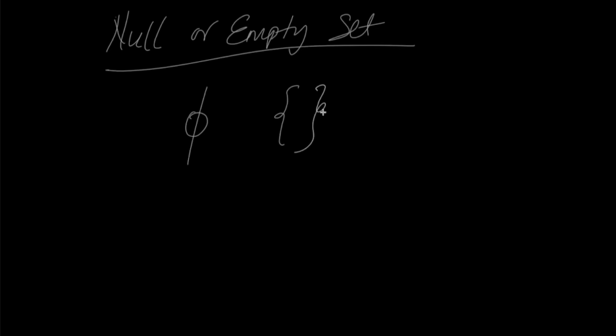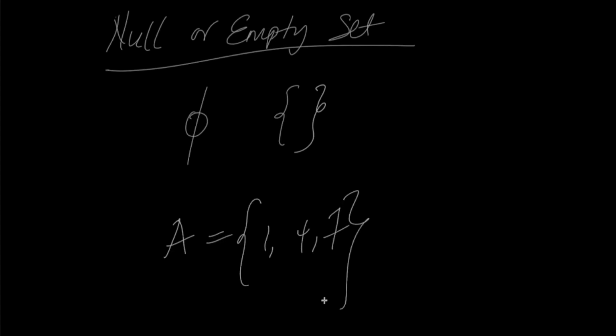And it is a subset of every set. How do I mean? Any set in this world, whether it's a single thing, whether it's a universal set. For instance, I say A is equal to 1, 4, 7. The empty set or null set is a subset of this.